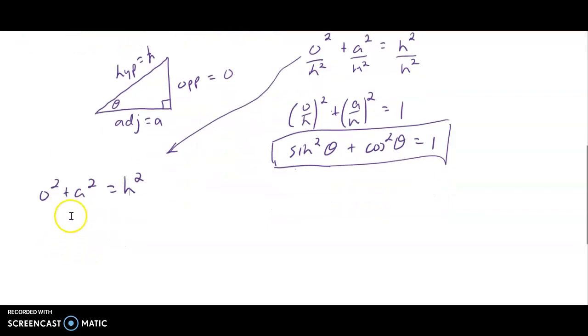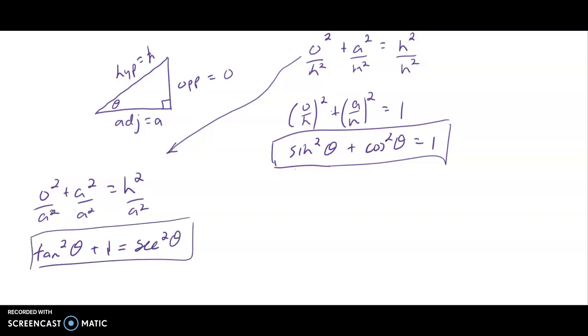If I wanted an identity that involved tangent squared, what could I do? I could divide by A squared, because tangent is opposite over adjacent. So by dividing by A squared, I get an O squared over A squared. If I simplify this, it gives me tan squared theta plus 1 is equal to secant squared theta. So if I needed an identity that involved one of these two, I could do that.